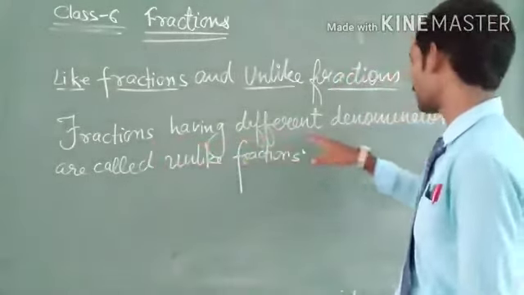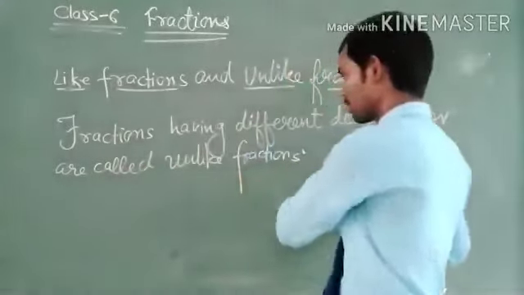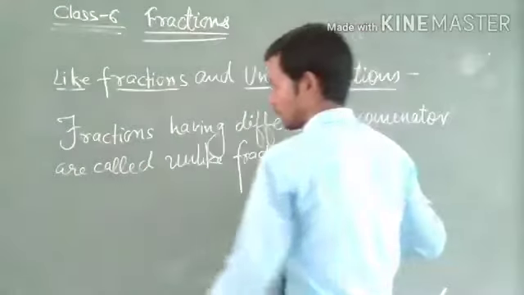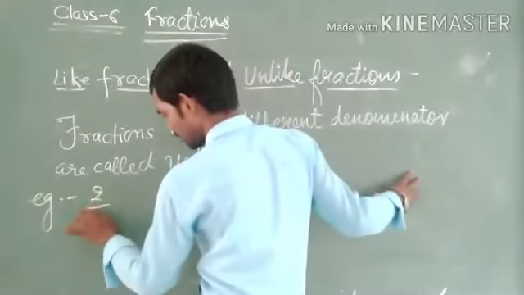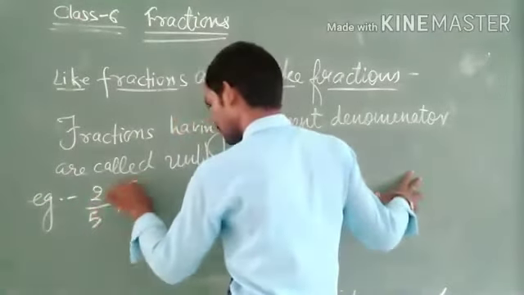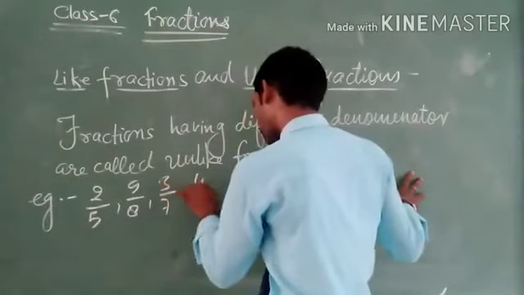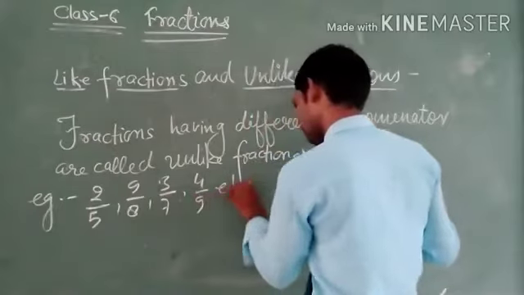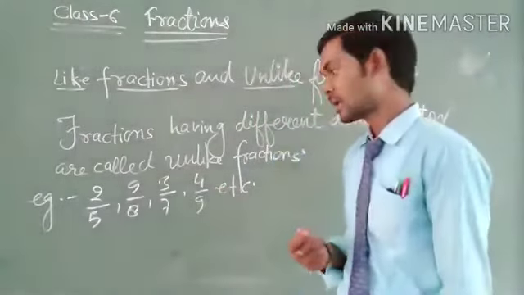Fractions having different denominators are known as unlike fractions. The examples are 2 upon 5, 9 upon 8, 3 upon 7, 4 upon 9, etc. So these are the examples of unlike fractions.